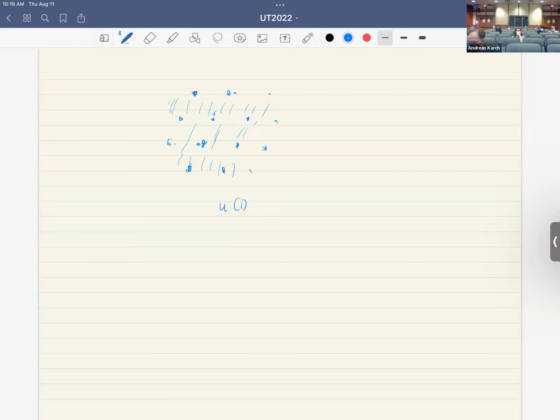Now, where can that system appear? Imagine the following, more like a sci-fi proposal. Let's imagine we have a half-filled Landau level, which, as we know, is a Fermi liquid of composite fermions.